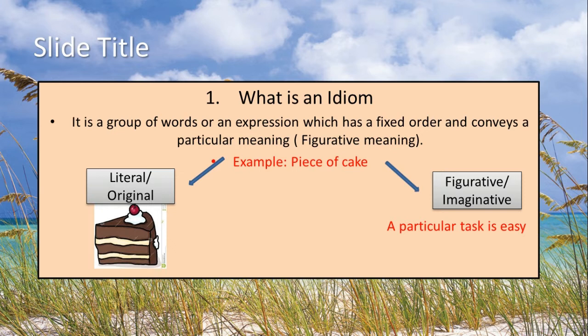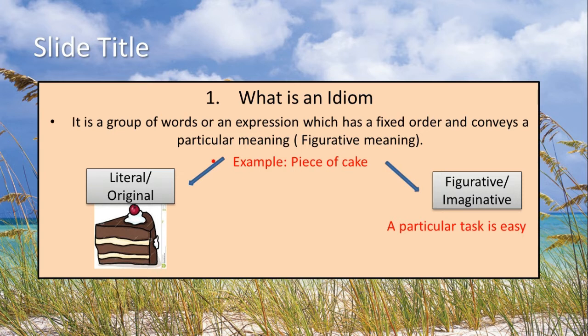What does that mean? When you say a piece of cake, there are two meanings in this expression. There is the literal, also called the original meaning of these words, which is a piece of cake, like in the picture on the left. And when you take it as an idiom, it has a different meaning from the original meaning of the individual words, piece of cake.